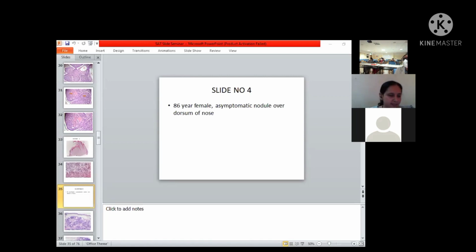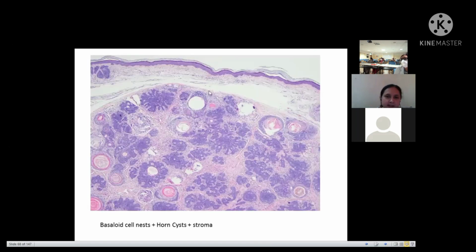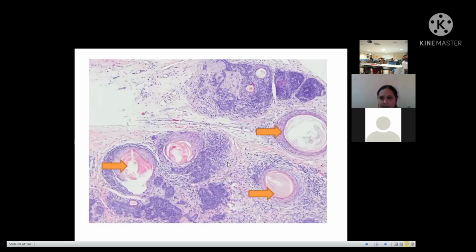So as it was well explained, this is a very well circumscribed tumor which is located in the dermis, and at this low power we can see three things. One is the basaloid cells, and there are keratin cysts, and if we observe these keratin cysts, they are lined by squamous cells which have eosinophilic cytoplasm.